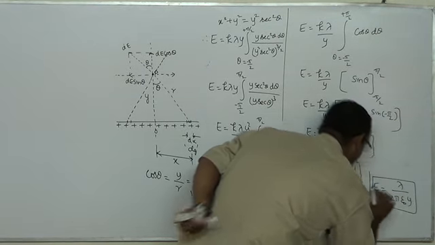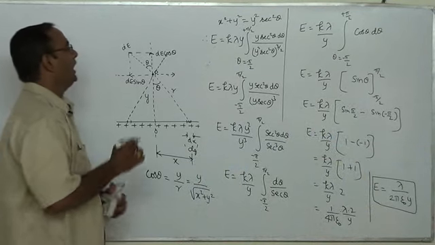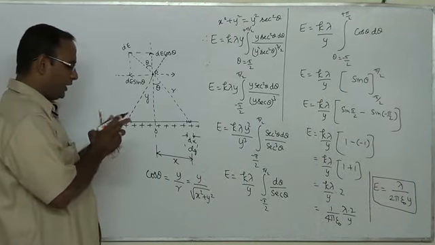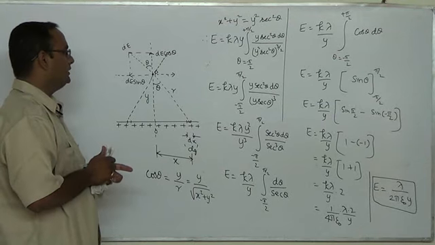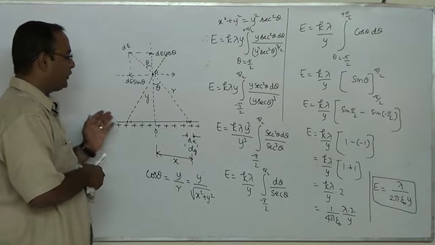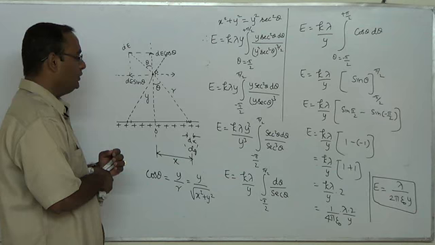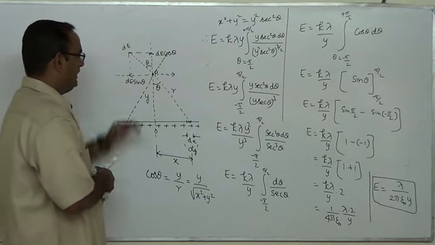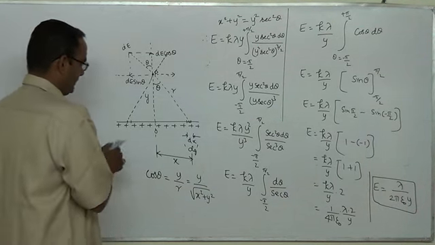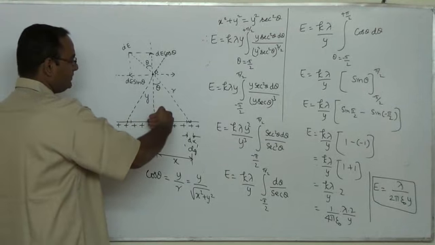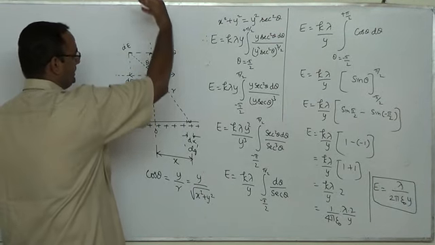So this is the final expression of electric field at a point because of a long wire carrying a uniformly distributed charge of Q, and its direction is radially outward. Now the wire is here, this is the radially outward direction.